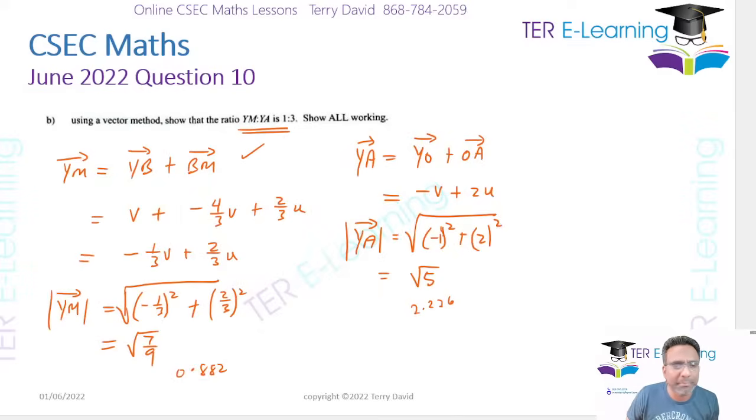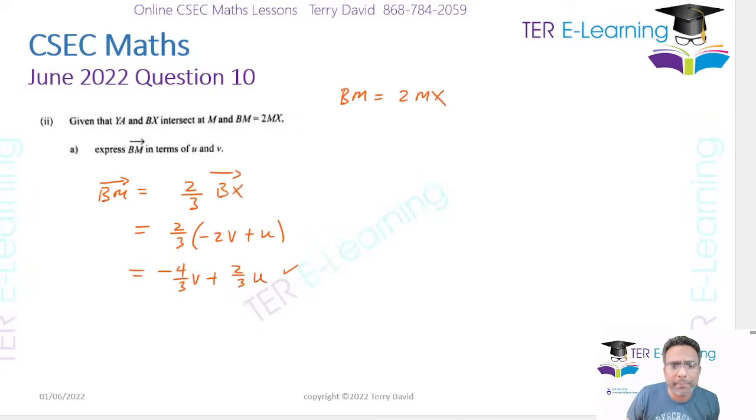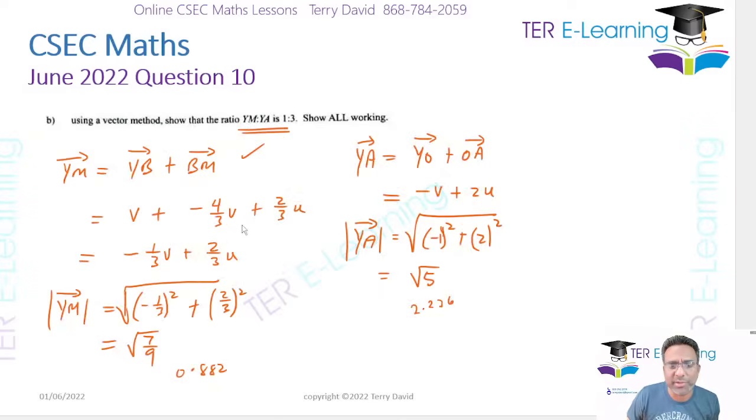And BM is minus 4/3 v plus 2/3 u. So 1 minus 4/3, again minus 1/3. This is 2/3 here.